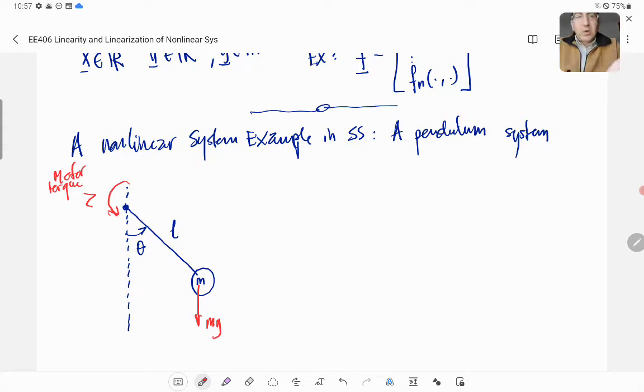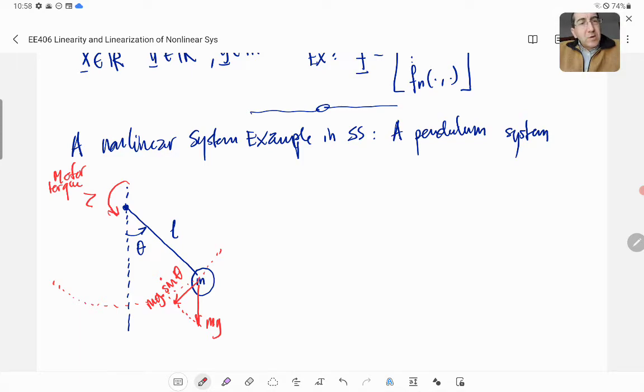Okay, so let's take a look at what's happening here. We will try to model this system by using Newton's laws. So what's going to happen is that this gravitational force will have a component that moves the system. So this is mg sine theta.